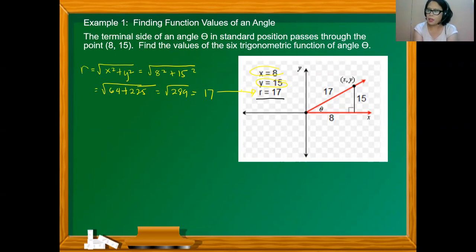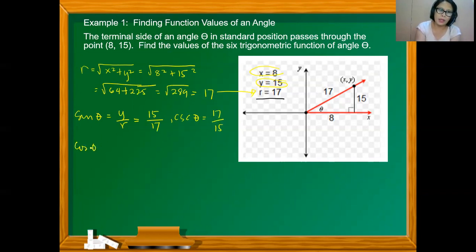So we can now find the values of the six trigonometric functions. We know that sine theta is y over r, so sine theta is 15 over 17. Its reciprocal function, cosecant theta, is equal to 17 over 15.